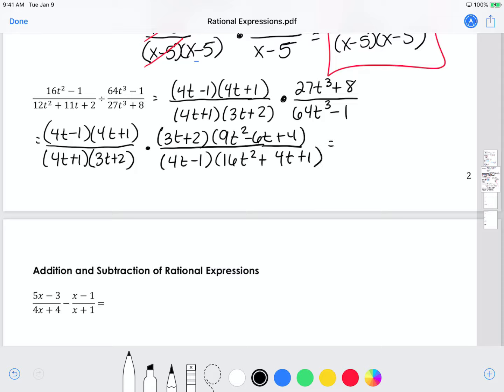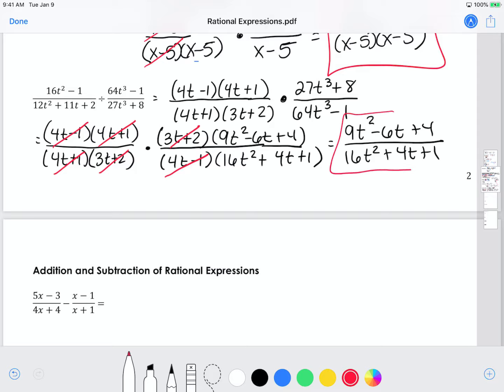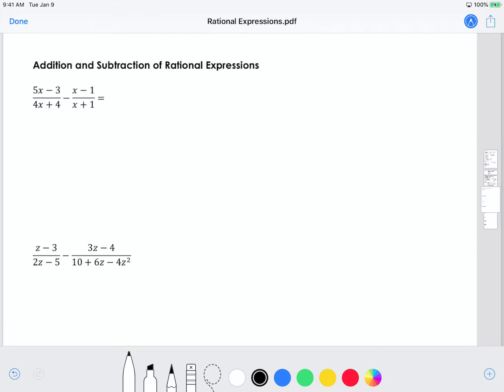Now, let's cross off what they have in common and see what we have left. We have a 4t minus 1 in common. We have a 4t plus 1 in common. We have a 3t plus 2 in common. And so what's left is 9t squared minus 6t plus 4 all over 16t squared plus 4t plus 1. And so this is our final answer.